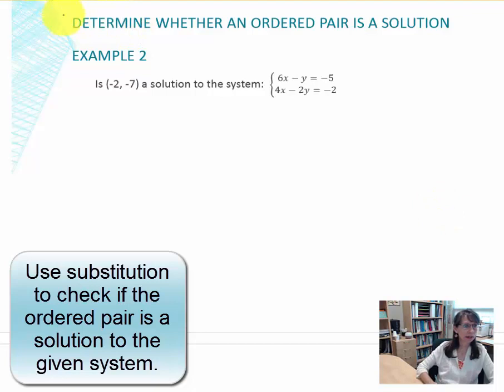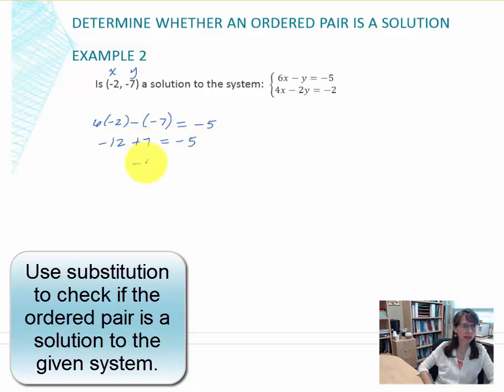So in order to be a solution, it must work in both of the equations. In the next example, we're given the ordered pair -2, -7. So x is -2 and y is -7. We'll make our substitutions. 6 times -2 minus the y value, so be careful, it is subtraction of a negative, equals -5. 6 times -2 would be -12, but then this changes to +7 equals -5.